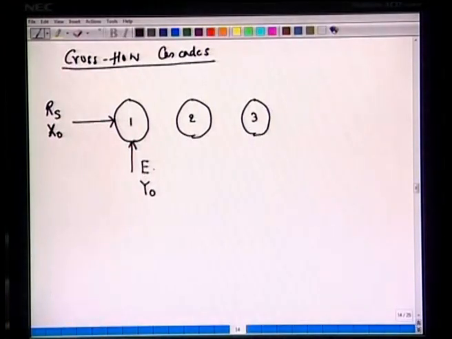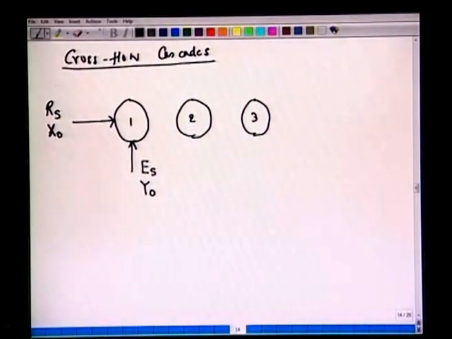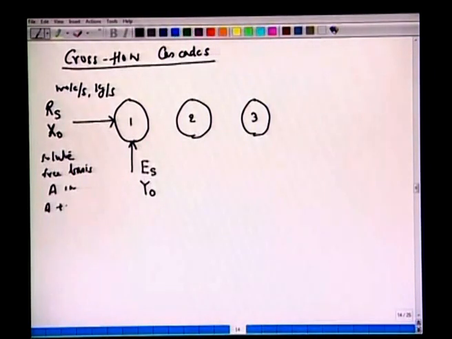So, essentially we can write Rs and Es, in moles per second or kg per second, on a solute free basis. So, the transferring component, if it is A in A plus B, we are making a balance on A over B. That is the meaning of solute free basis.